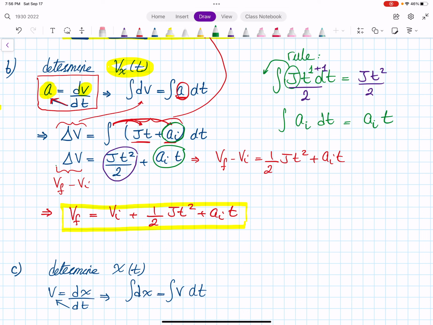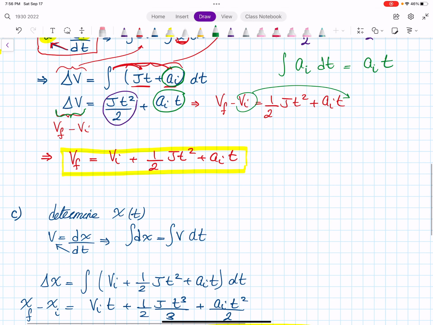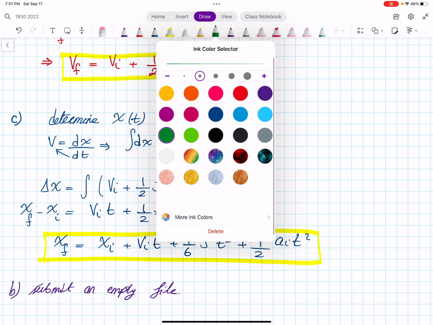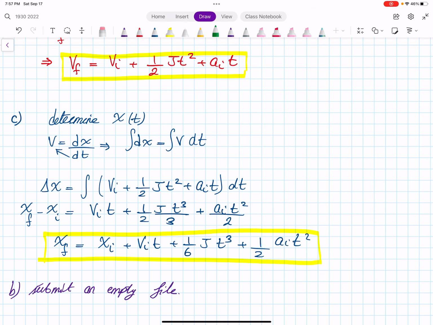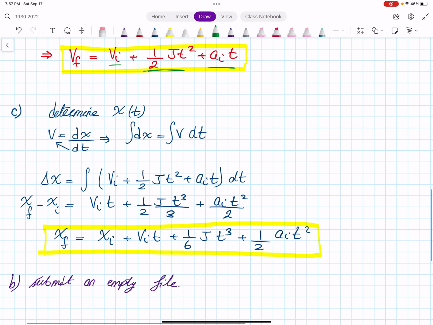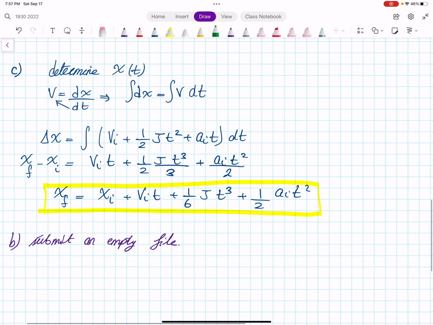On the left side, when you have delta v, it's just going to be v final minus v initial, and then you can always take the v initial to the other side of the equation. Moving to the next step, just combine everything and clean up, right? The v sub I is going to go to the other side of the equation: 1/2 jt squared plus a sub I t.